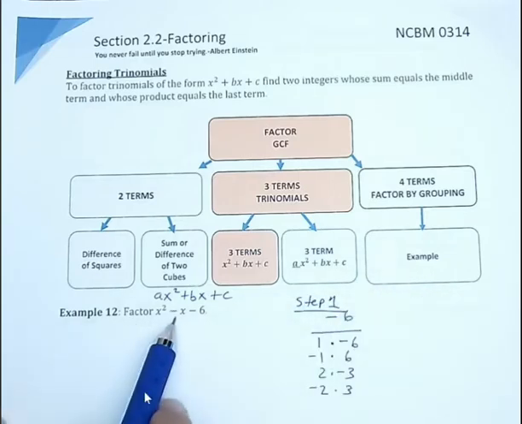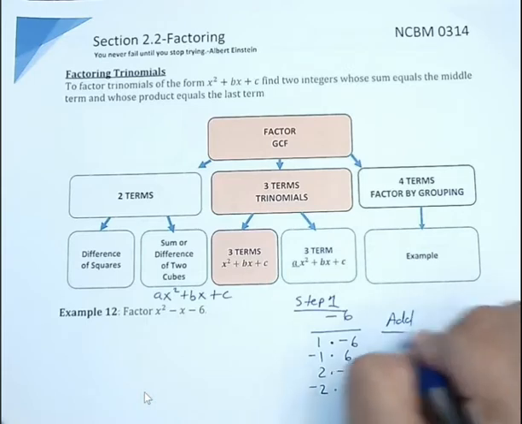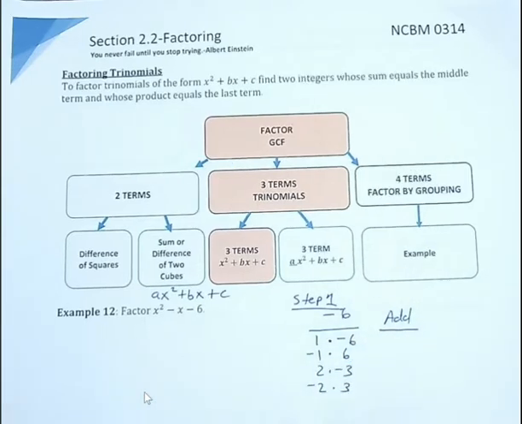Step 2, you want to look at the coefficient in front of the variable x. And as you can see here, we have a -1. So we want to then add these factors and see which of these combinations will give us a -1.